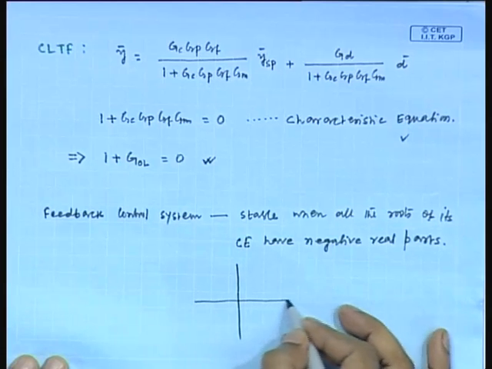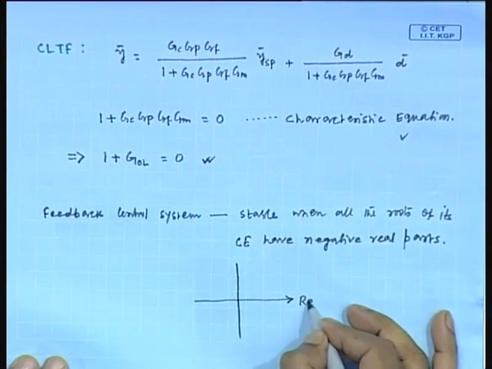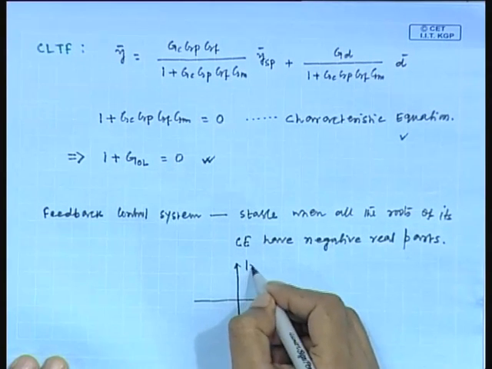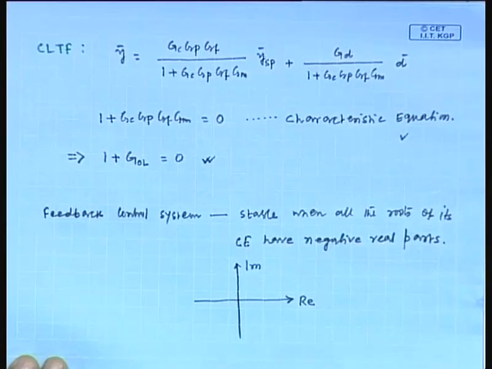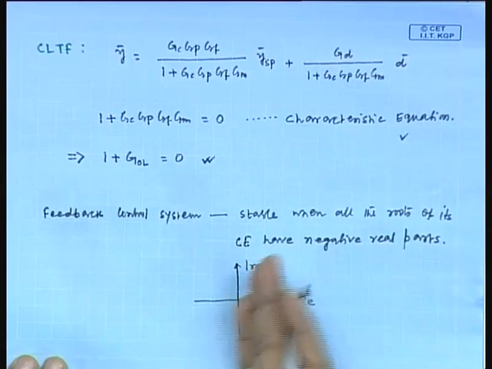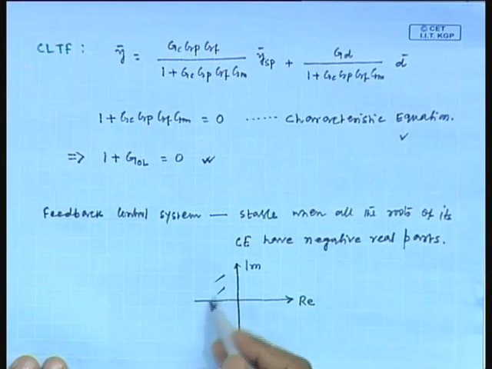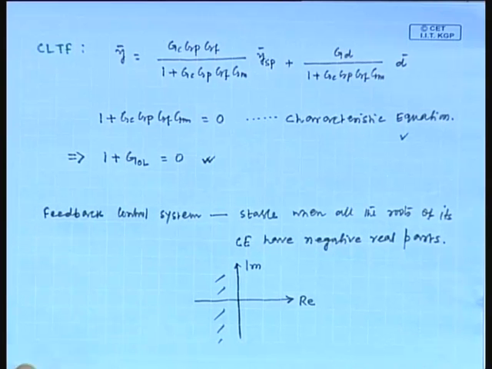So, if this is the real axis and this is the imaginary axis, all the roots should lie in the left side. This is the left side. Then we can say that the feedback control system is stable. Now, we will just discuss different situations.